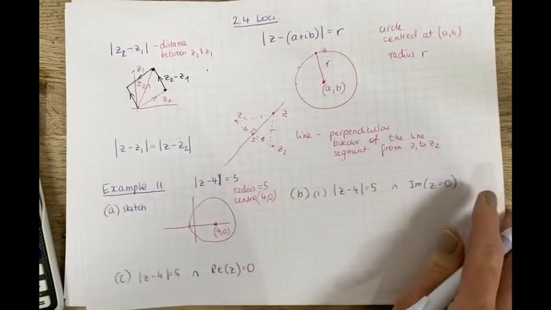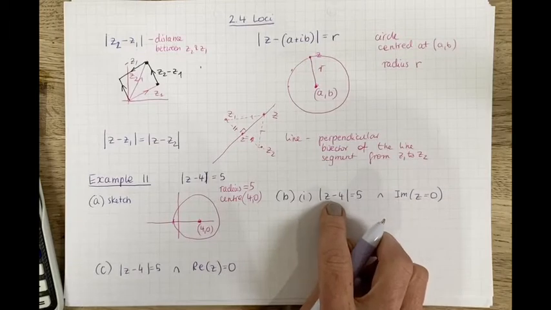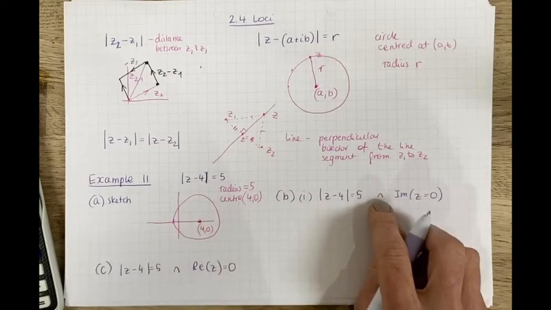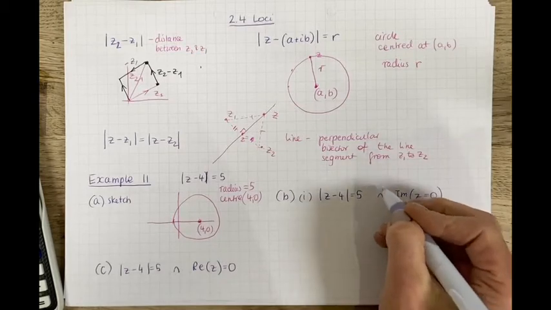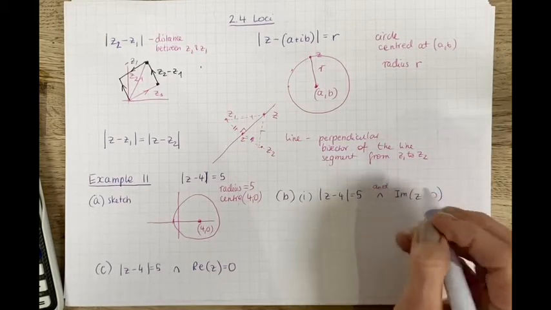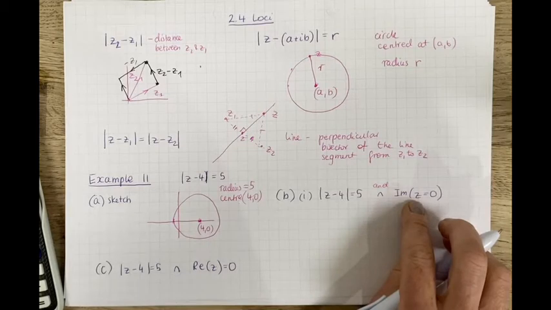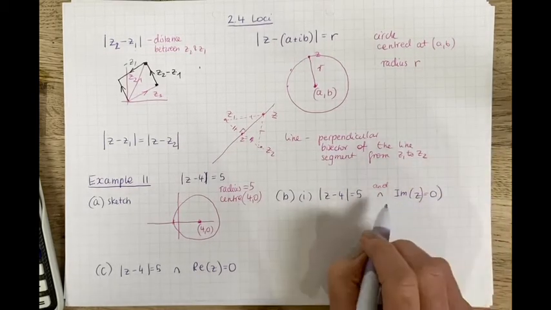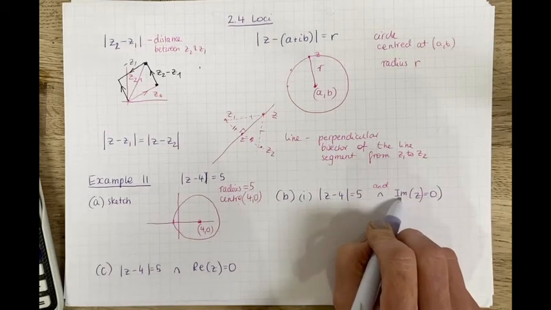Okay, for part b, we need to think about our circle, exactly the same as in part a. And we're going to find, so this means and this line. Okay, so the bracket should be closed here.